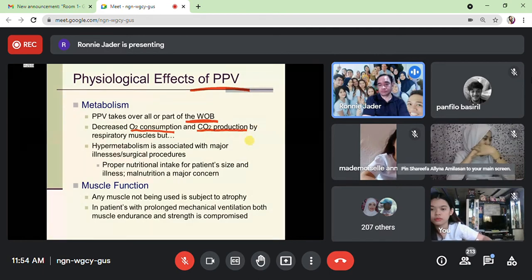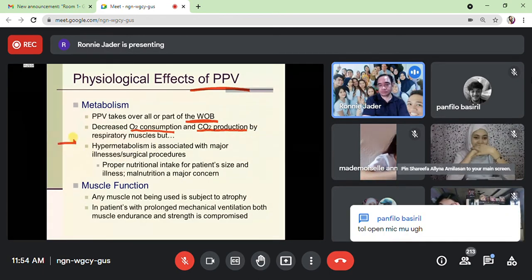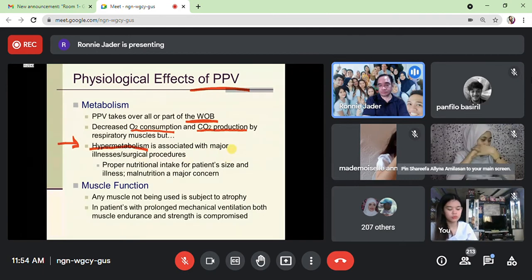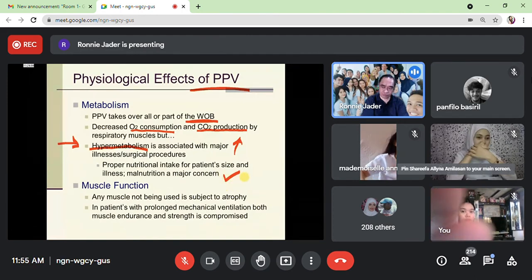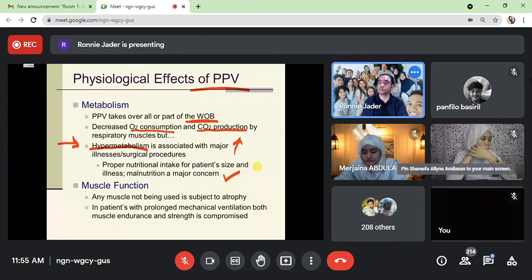And this can be very important because there are many conditions that cause a hypermetabolism, such as major surgeries where the patient's need for oxygen and CO2 production are greatly increased. So in these situations, reducing the demands on the body can actually reduce how much oxygen we need to deliver to the patient. How do we combat these? Well, make sure they've got good nutrition, and we keep their gases in the normal range.